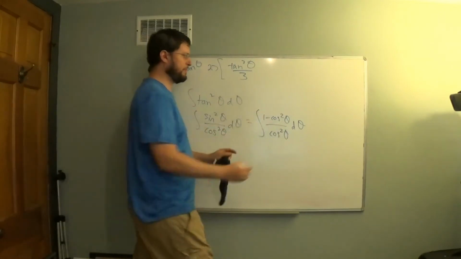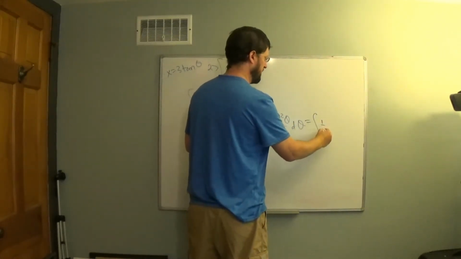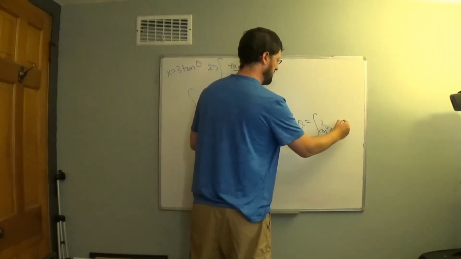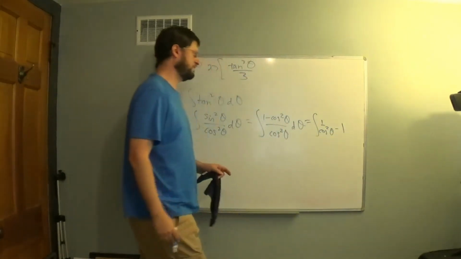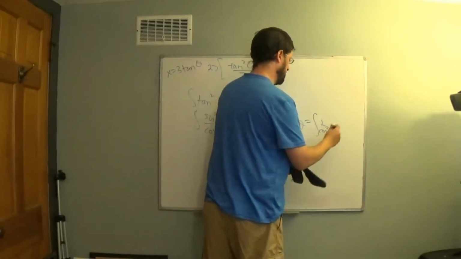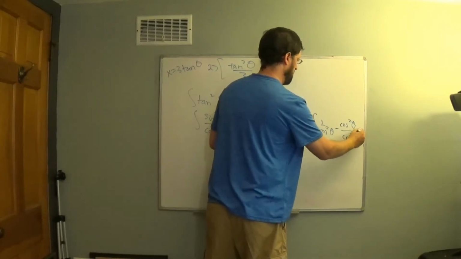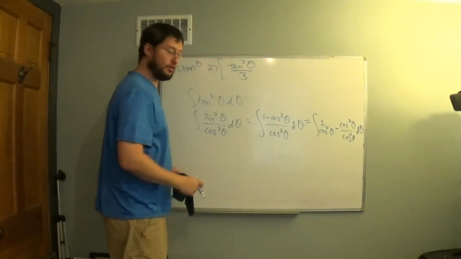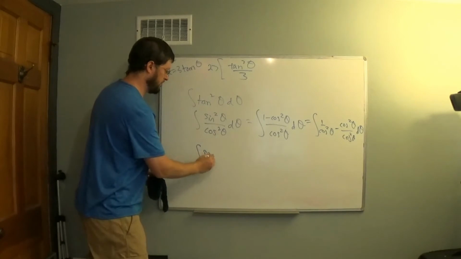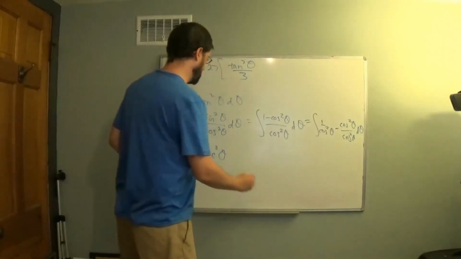And then we're going to break it up into 2 integrals: 1 over cosine squared and cosine squared over cosine squared. 1 over cosine squared is secant squared. And cosine squared over cosine squared is 1.